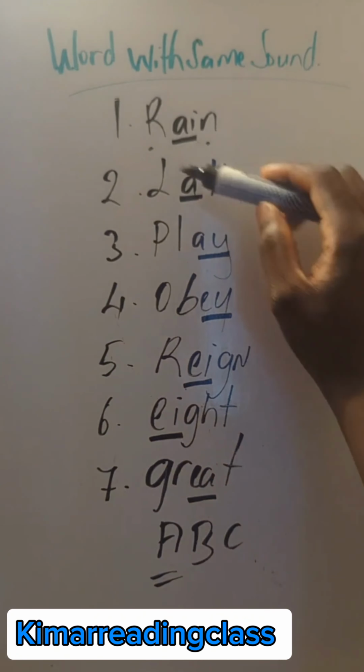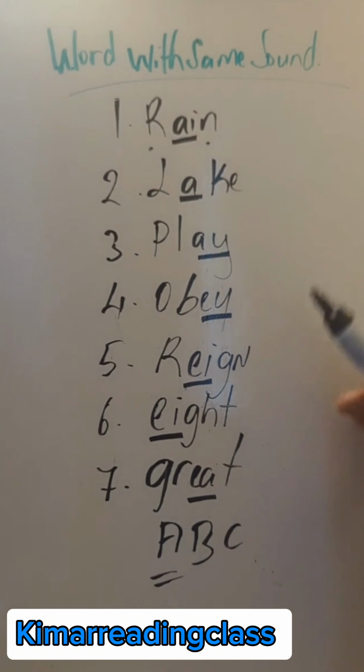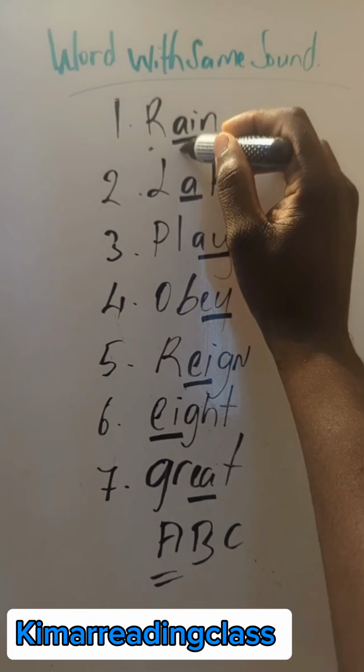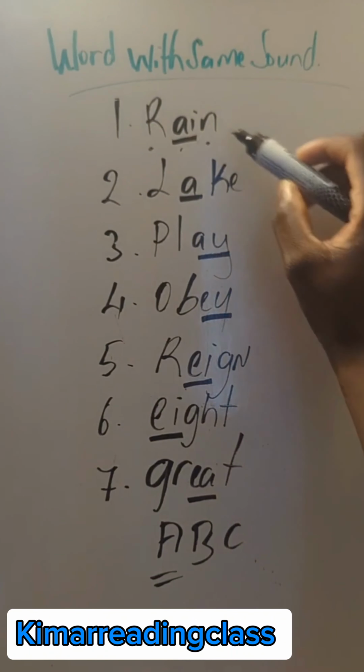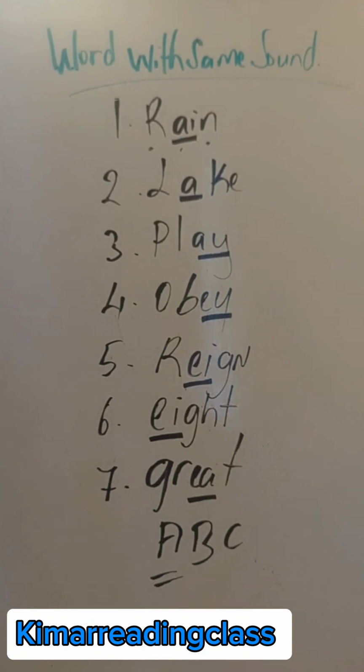The first one being R, the second one being A, and the third one being N. Those are the sounds you put together. Even though you see the word spelled with four letters, it's really three sounds. Anytime you say the word rain, those are the three sounds that come out.